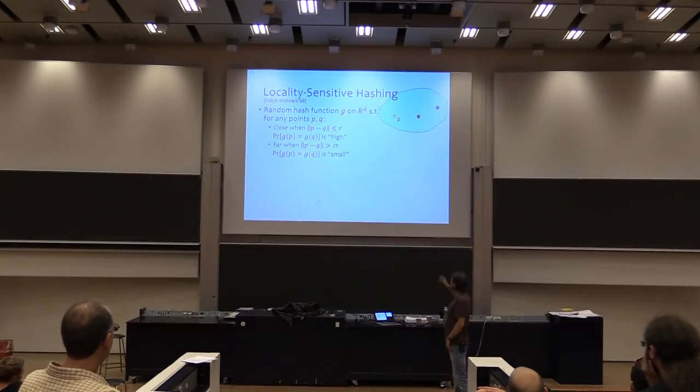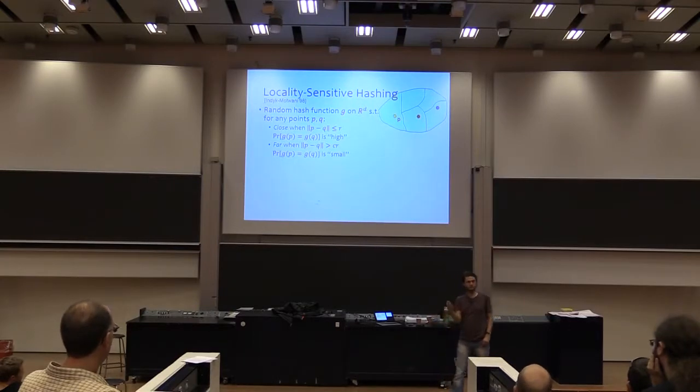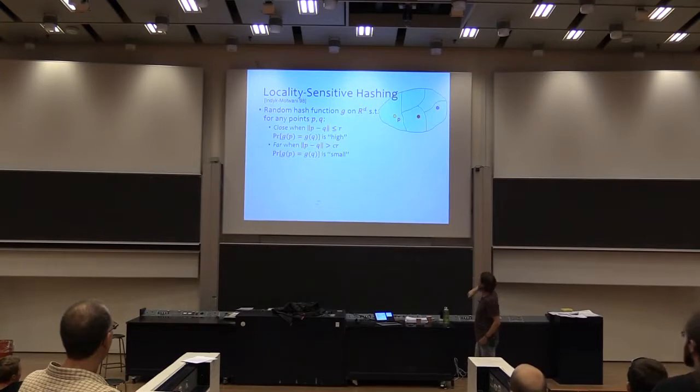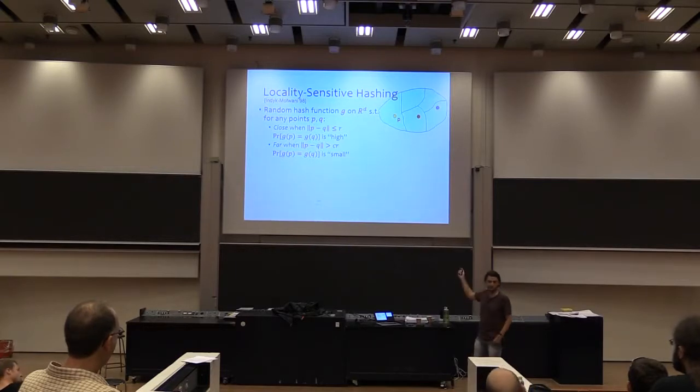And now, first of all, one equivalent perspective on this hash function is that it induces a space partition on the entire space. So this green blob is this d-dimensional Euclidean space, if you are curious how a d-dimensional space looks like, right?